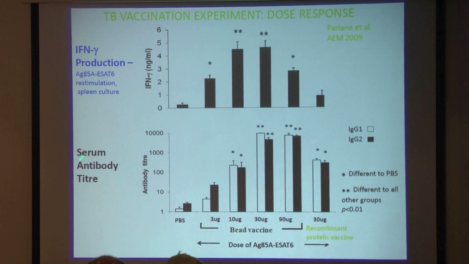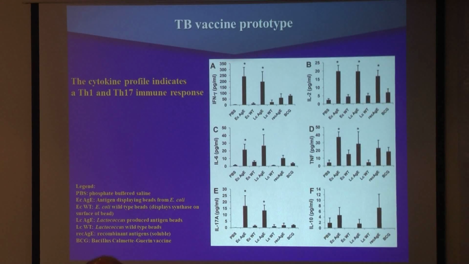And as you can see here, we have an antibody response, and it's significant over the control, and there's a significant increase also compared to the recombinant free proteins. So we have a little bit of antigen sparing here, and we also see significant responses in terms of IFN gamma release, indicating a Th1 response.